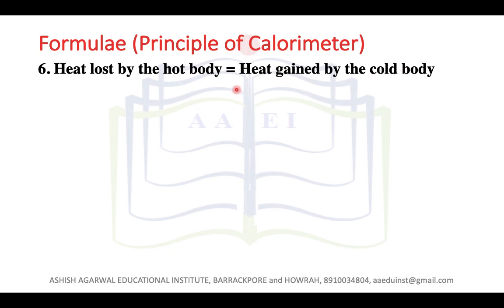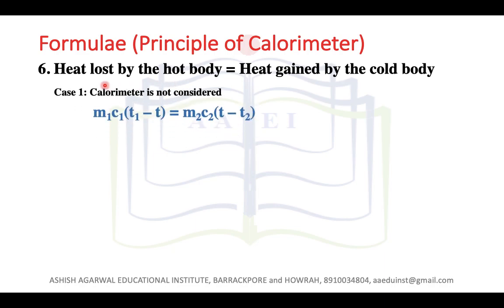When you place two bodies in contact, one at a higher temperature, another at a lower temperature, heat will flow from hot body to the cold body. So that is the principle of calorimeter, that heat lost by the hot body is equal to heat gained by the cold body. We have two cases here. Case number one, when we don't consider the vessel or the calorimeter which is being used.